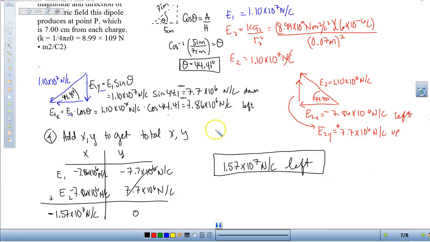And that's our final answer. So we didn't have to make a triangle because the final E field is in one direction. And that concludes this example.